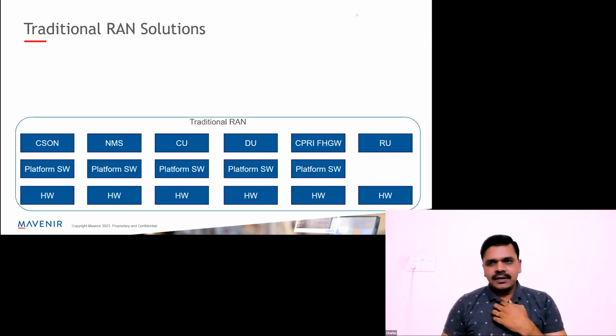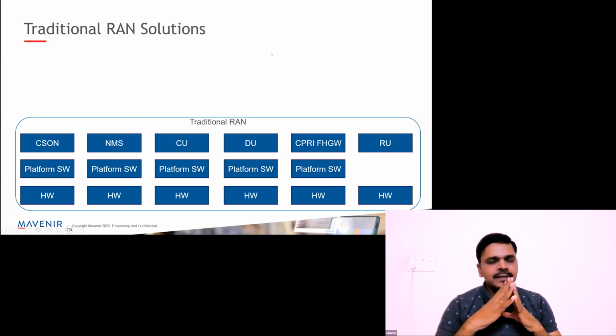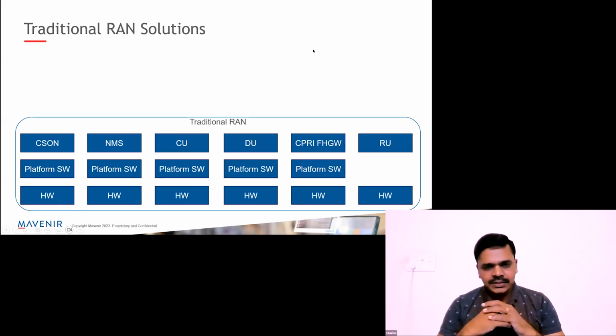So this is just a brief view of how the traditional RAN looks and how an operator goes and gets the equipment from a vendor who is providing the entire solution.